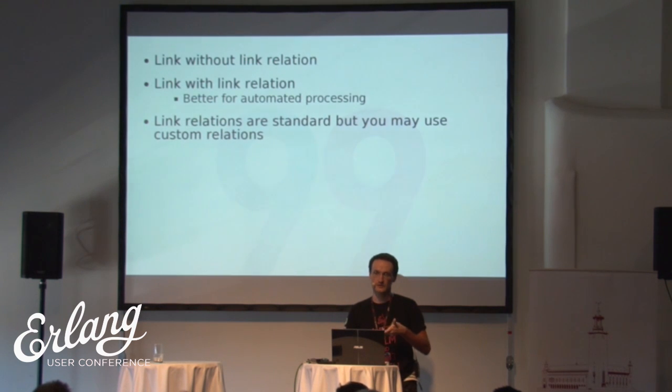So there are a few which are already defined. Well, there is an RFC for it, and there is also some others that have been added for HTML5. So look in there. There are some that you can already use.